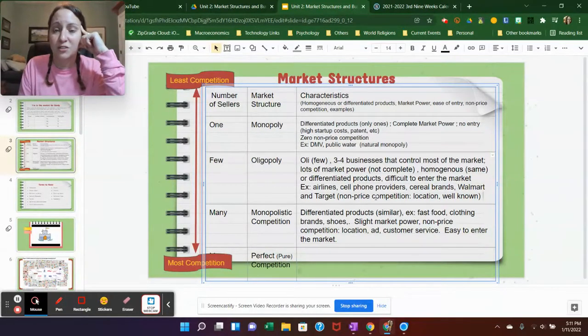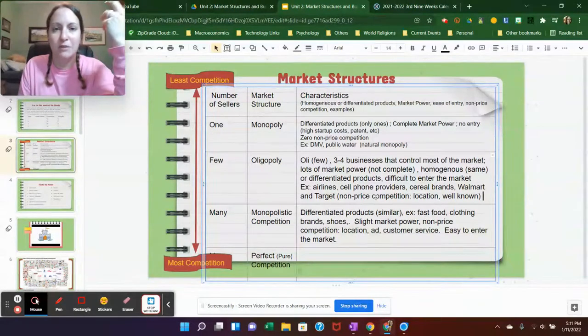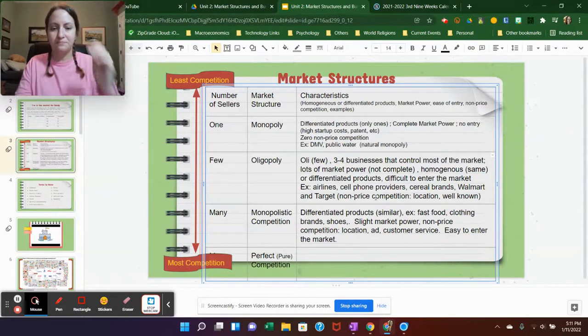Cell phone providers don't have to go out of their way with non-price competition because there's only one or two others in the marketplace. But monopolistic competition, they're going to go out of their way to really be competitive because there are so many sellers.